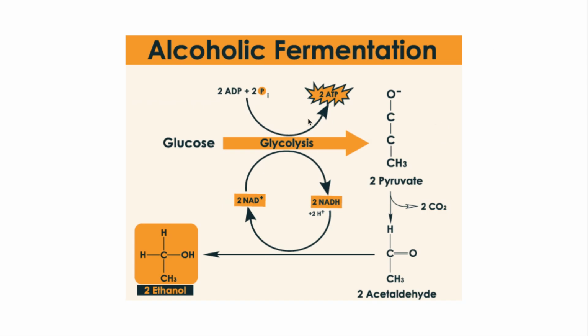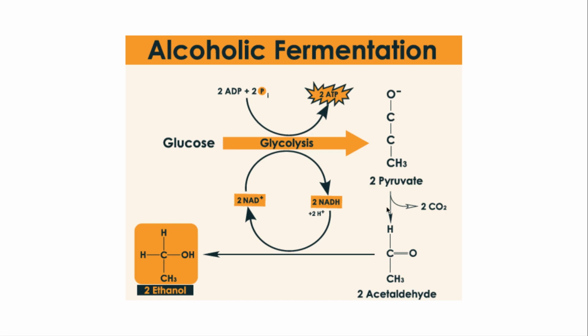Same thing with alcoholic fermentation. Glucose becomes pyruvate and NADH is produced, but the NADH needs to be converted back into NAD+. So the pyruvate, instead of becoming lactic acid, releases the last carbon as carbon dioxide. We saw pyruvate has a COO-, right?